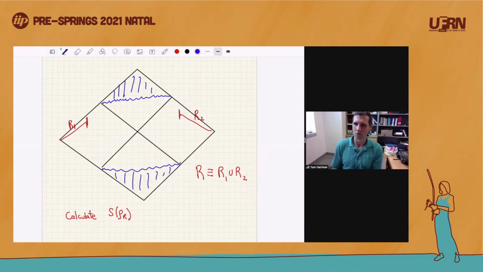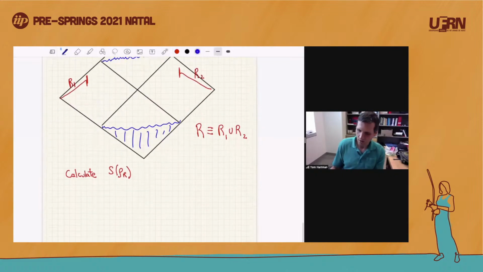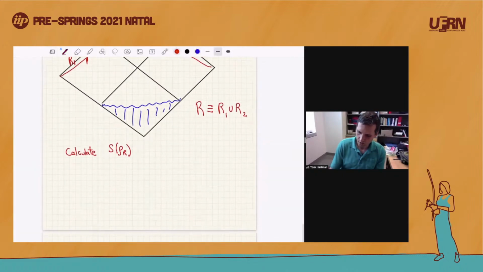Okay, so we're going to do that with region R itself, and if we wanted to calculate correlation functions or something, we could do that as well. We're going to do this two ways. First, we're going to do it using Hawking's calculation. Of course, he didn't actually look at this particular model, but I mean, using the way Hawking would have done it.